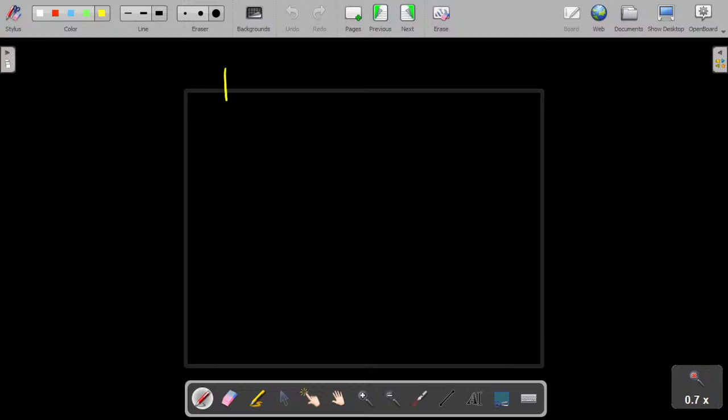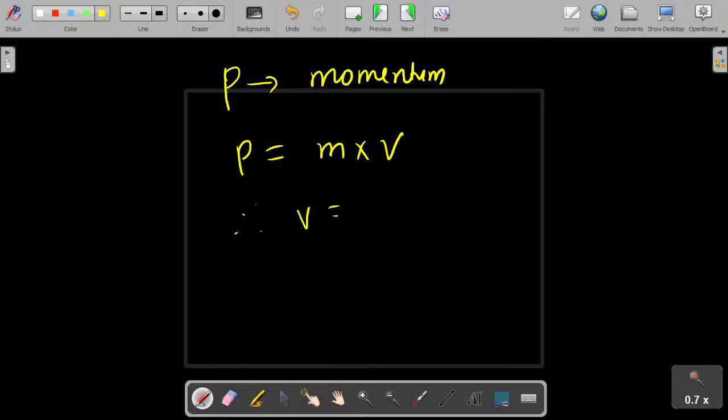You tell me what is the formula for momentum? P represents momentum. Momentum is equal to mass into velocity. Then what is velocity? Momentum upon mass. But what is area? Just now I derived.